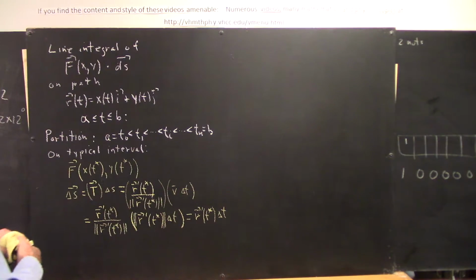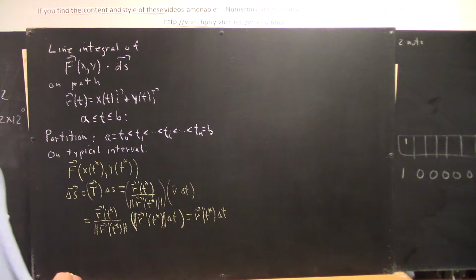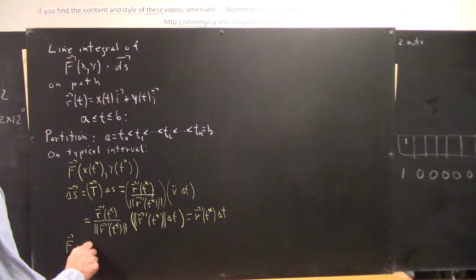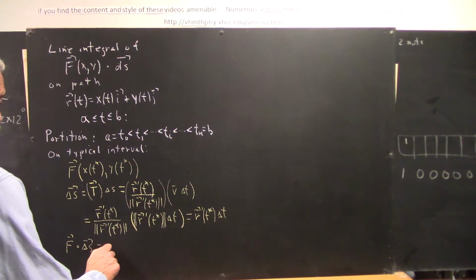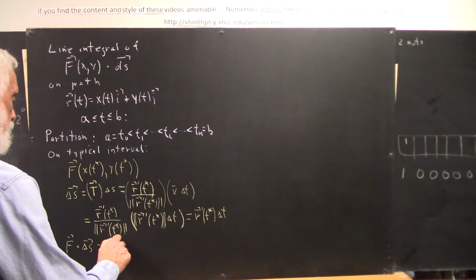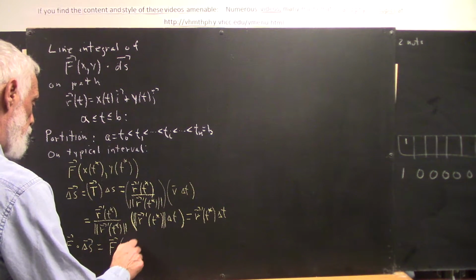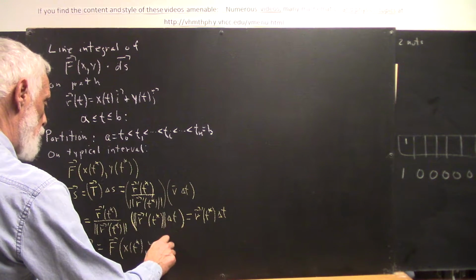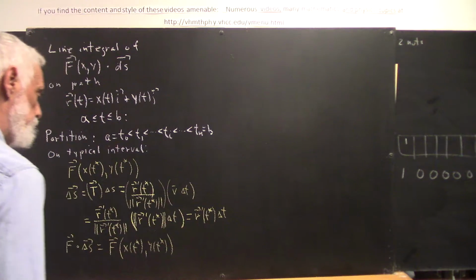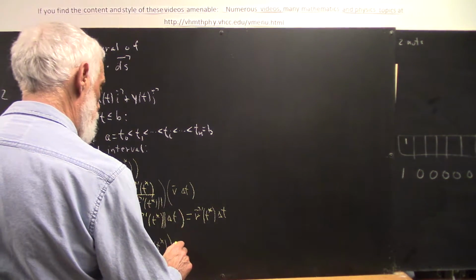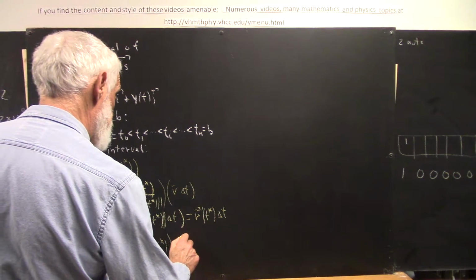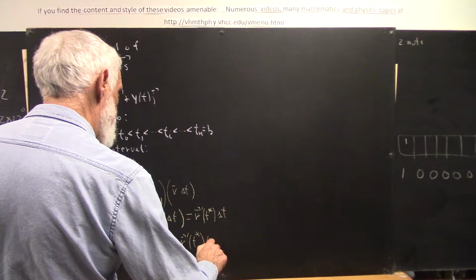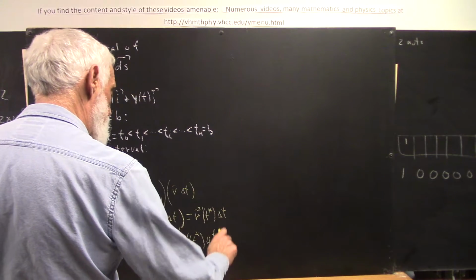Okay, so we do that so that our F dot delta s is going to equal our F, again evaluated at x of t star, y of t star, dotted with our r prime of t star multiplied by delta t.